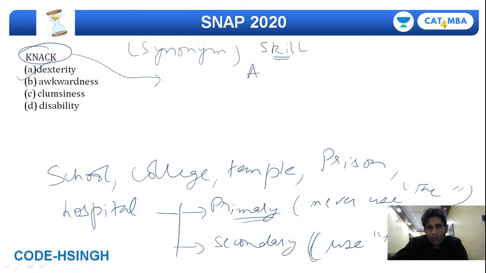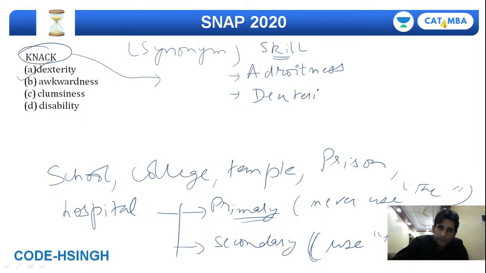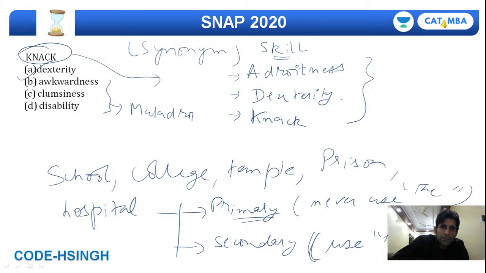Now you have a lot of words in English like adroitness, okay, dexterity, okay, to have knack for something, right? So all these words they talk about skill. On the other hand, you have words like maladroit, awkward, clumsy, okay, maladroit, inept. तो ये सारे antonyms हो गए हमारे.